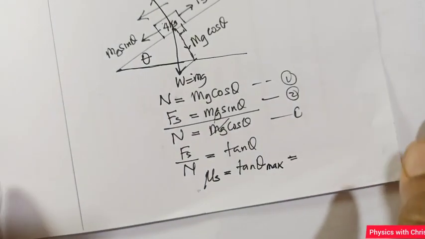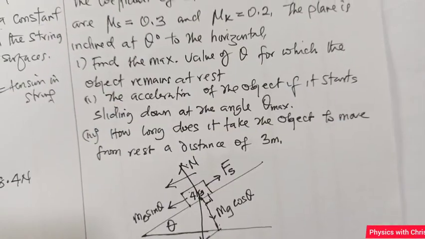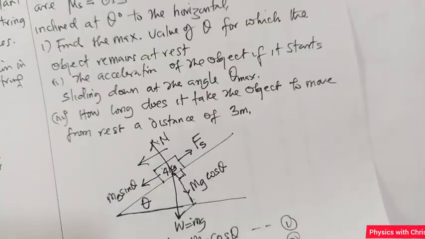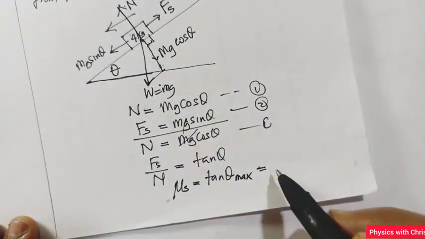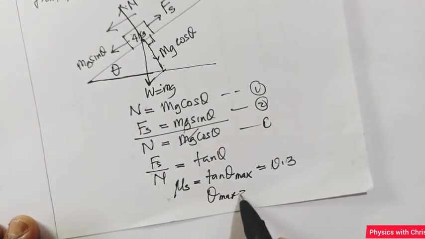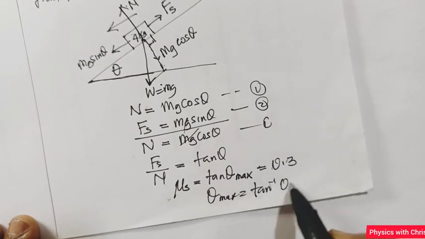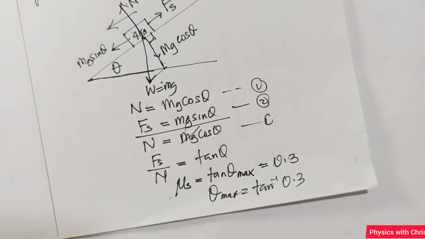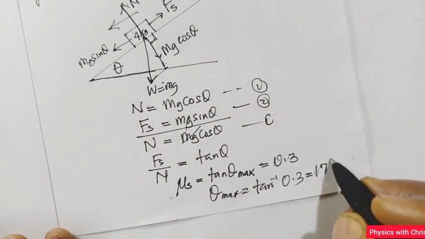Then we come back to the question. We're given my coefficient of static friction as 0.3, so equate that to tan theta, 0.3. So my maximum value of angle theta is tan inverse of 0.3. Okay, so I'll quickly go to my calculator to find the tan inverse of 0.3. That gives me roughly 16.6, which is 17 degrees.